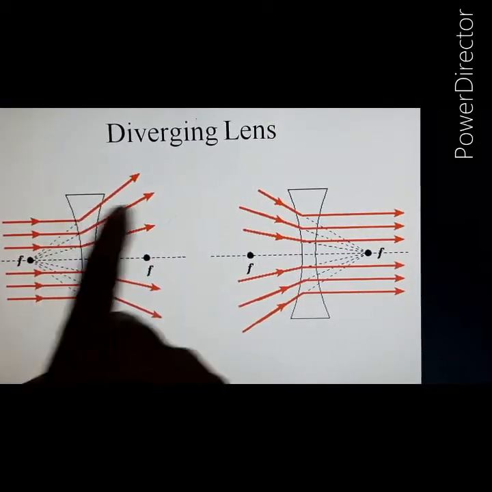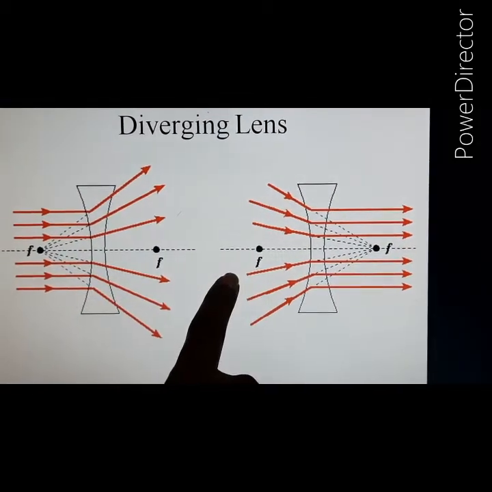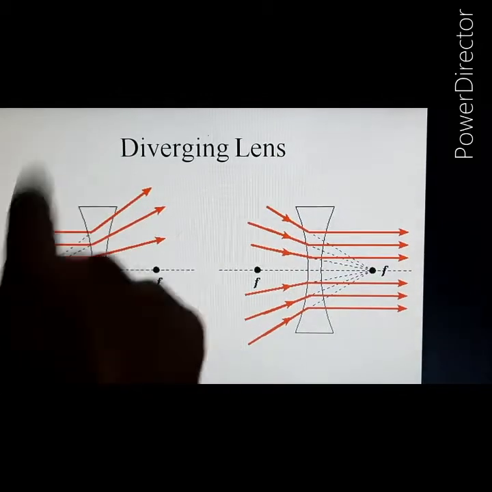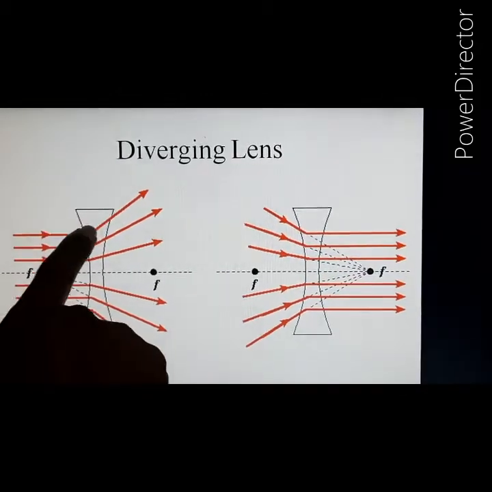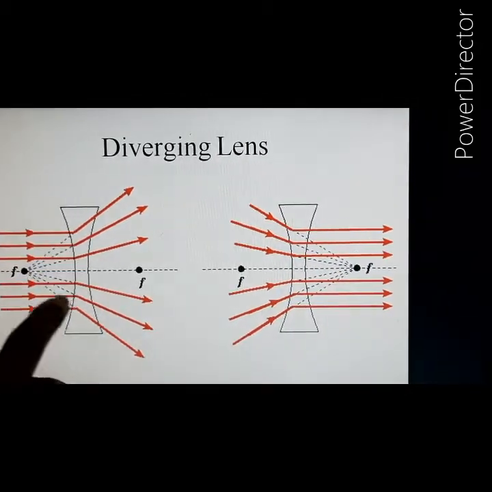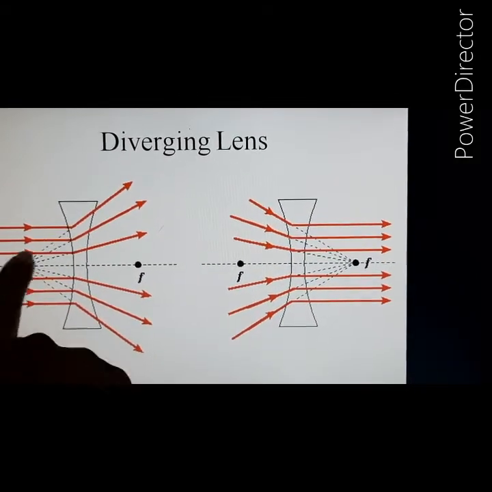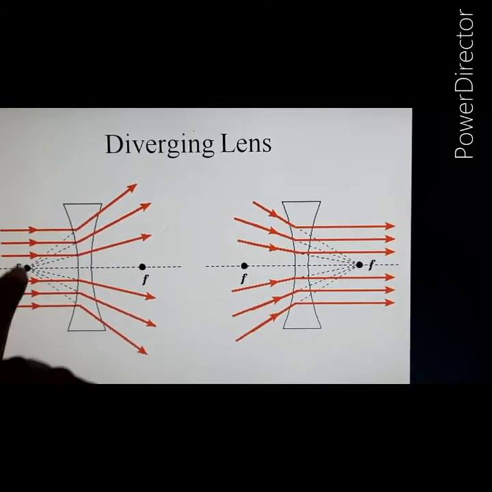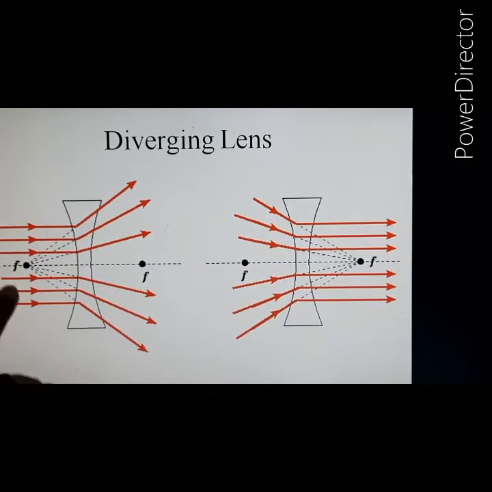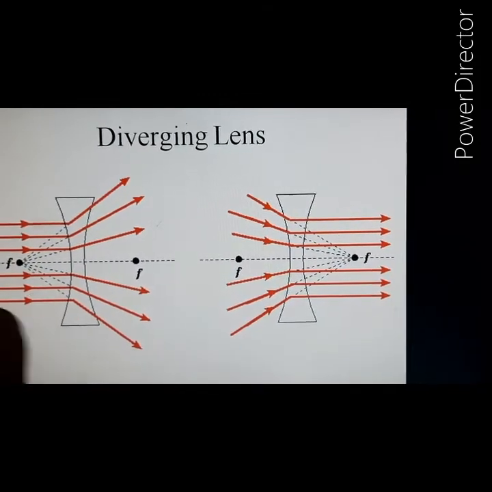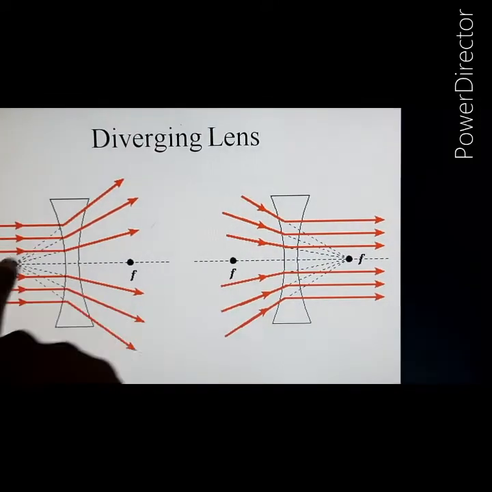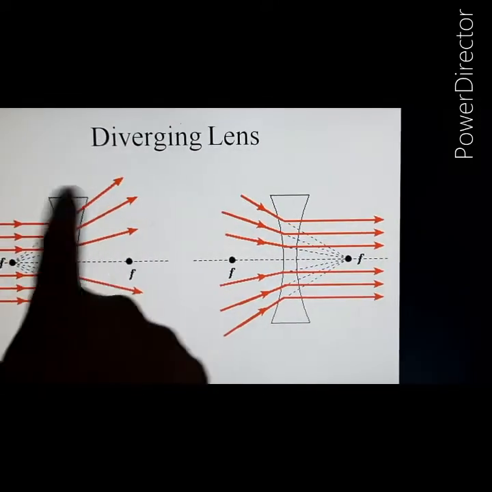So they never form a real image. But if you draw virtually, if you extend the light rays back on the same side, at a particular point they will meet. That meeting position is called the focus. It means in this case they appear to meet, actually they never meet.